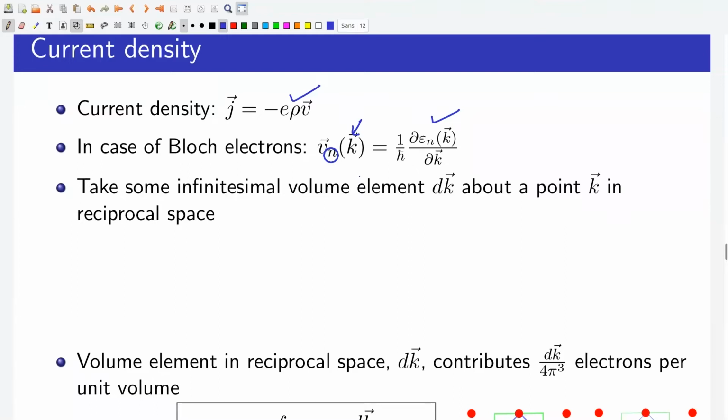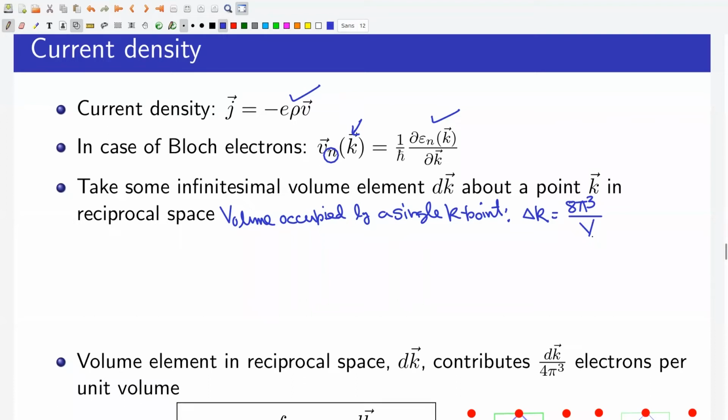Now, let us try to get the electron density rho of Bloch electrons. We know that the volume occupied by a single k point in reciprocal space, delta k, is equal to 8 pi cubed divided by V, where V is the volume of the solid.